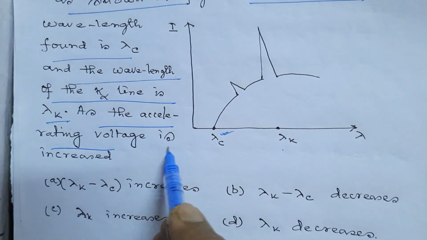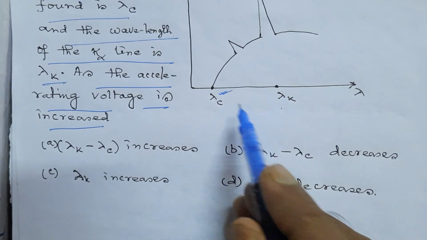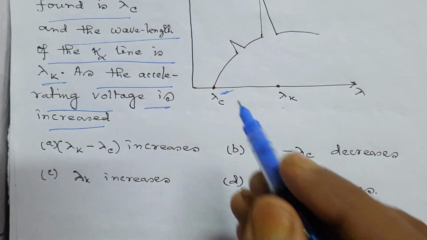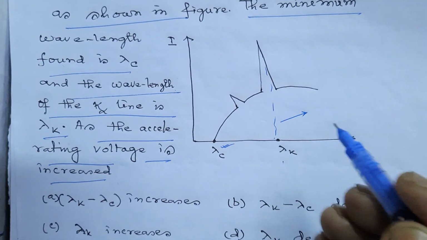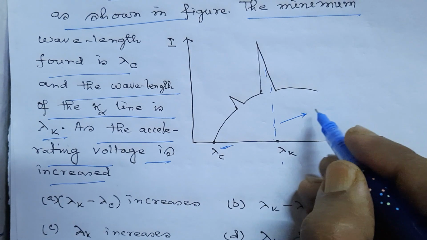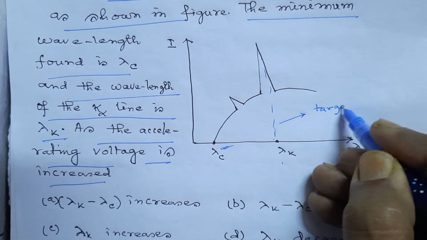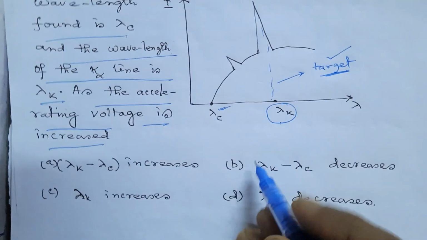As the accelerating voltage is increased, what will happen to the difference between lambda k and lambda c? Mind that lambda k is the characteristic line, and it depends upon the nature of the target material. So far as the target material is the same, lambda k is the same.